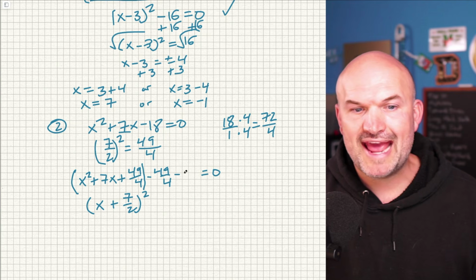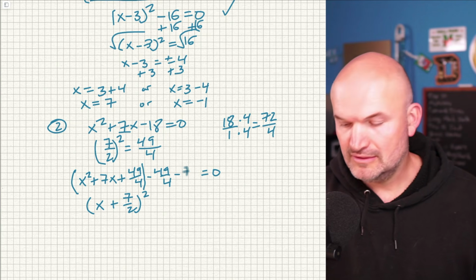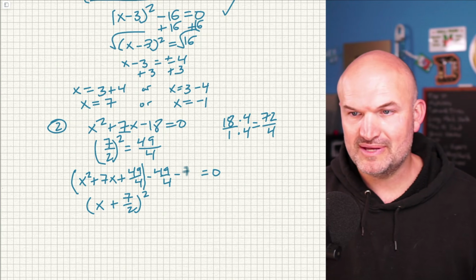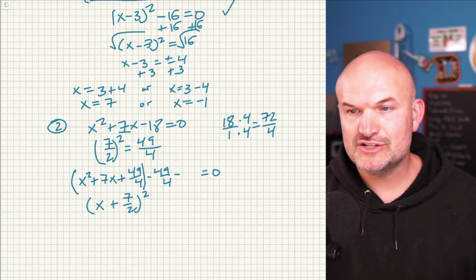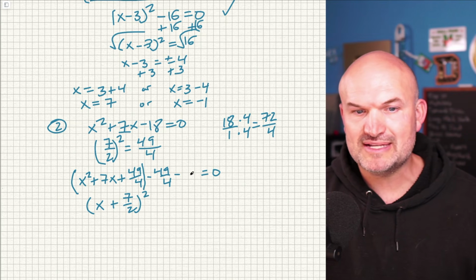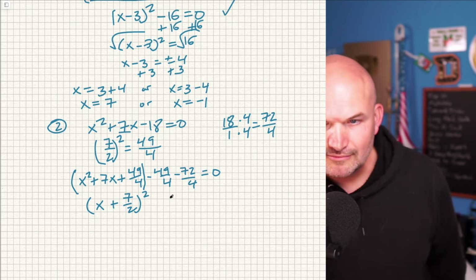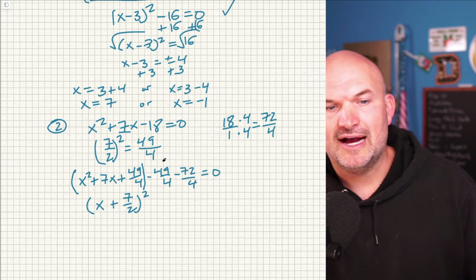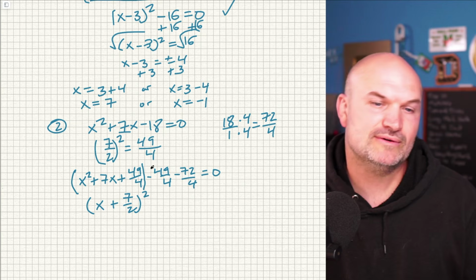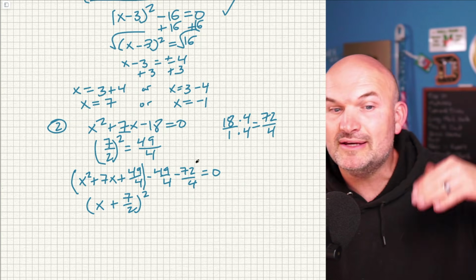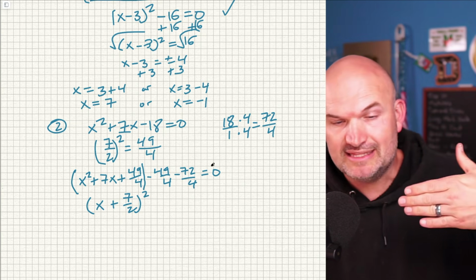Now, ladies and gentlemen, they have the same denominator. Oops, I wrote the wrong one, wrong pencil. So remember, when you're subtracting fractions, as long as you have the same denominator, you can just apply the operation to your numerator. Now, when I subtract this, I have negative 49 minus 72. Technically, we know the answer is going to be negative, and we're just adding them up.